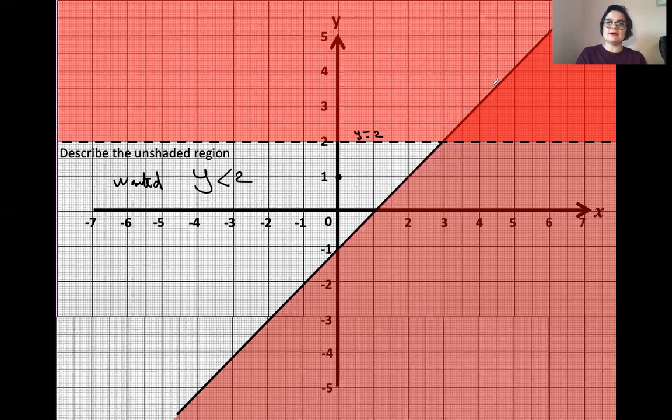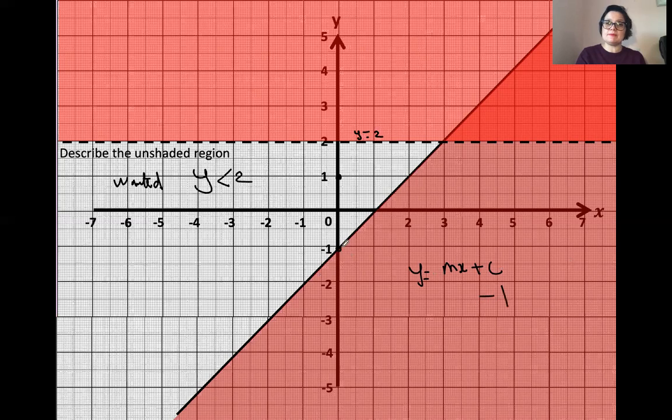All right? Now, we need to find the equation of the other straight line, which in this case is a solid line. So the equation of this one, we begin from y equals mx plus c. C is minus 1.